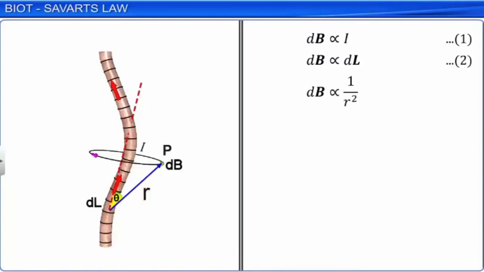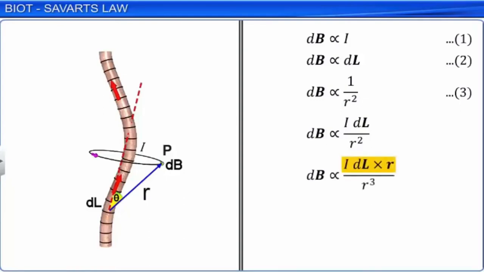Write it as equation 3. Now, combining all the equations, we can write dB is directly proportional to I dl by r squared. If we express it in vector form, we can write dB is proportional to I dl cross r divided by r cube.